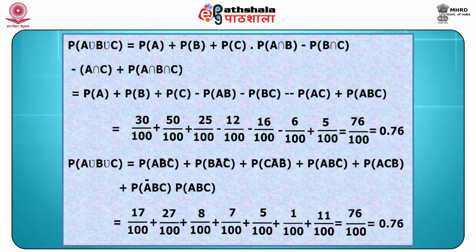So, what we have is then 17 by 100 plus 27 by 100 plus 8 by 100 plus 7 by 100 plus 5 by 100 plus 1 by 100 plus 11 by 100, which again is equal to 76 by 100, which is equal to 0.76.